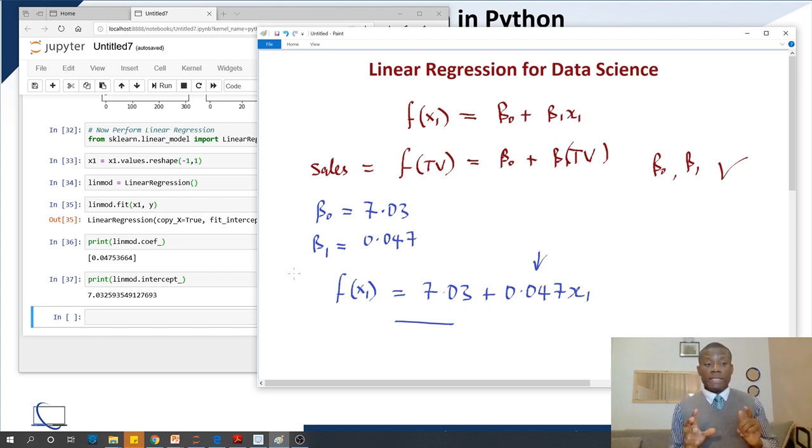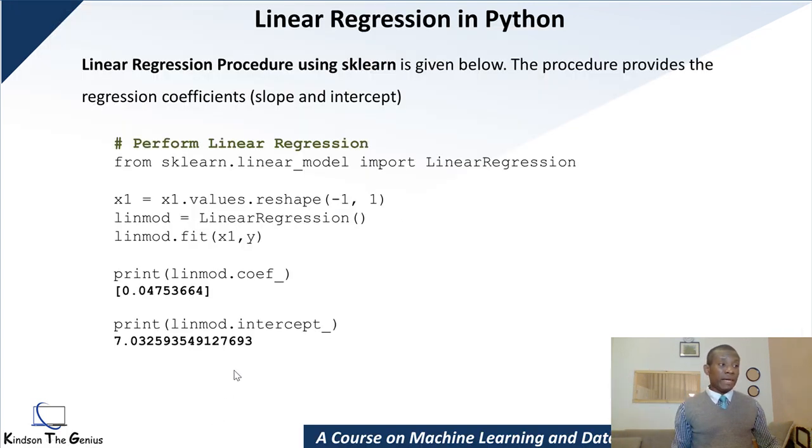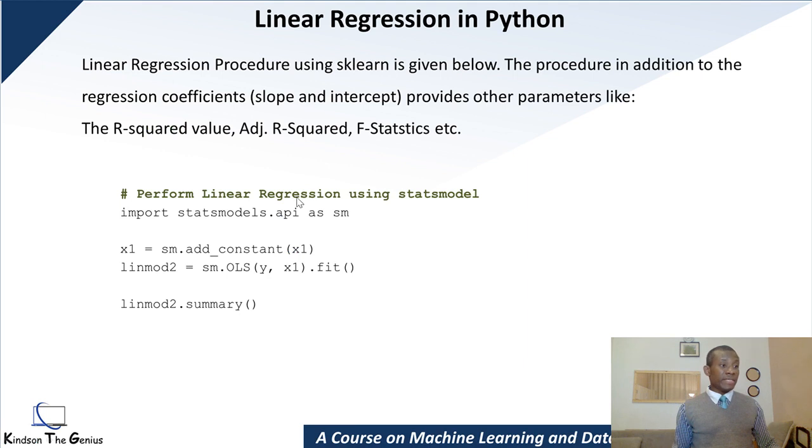Now that we have determined the function relating it, let's now try to fit a regression line through the dataset. But wait a minute, I mentioned that I'm going to teach you two methods of performing linear regression. Now there is the second method using the stats model.